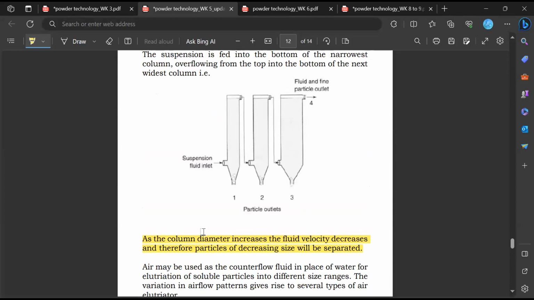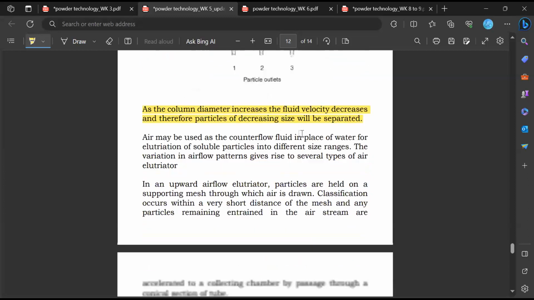As the diameter increases, the fluid velocity decreases, and therefore the particle size decreases. So you expect that in tube 1 you'll have the biggest particles compared to tube 3, because as the velocity decreases, you get more of the smaller particles.